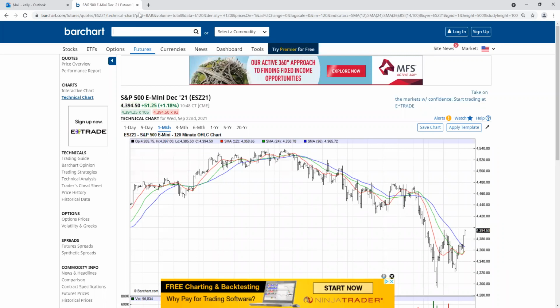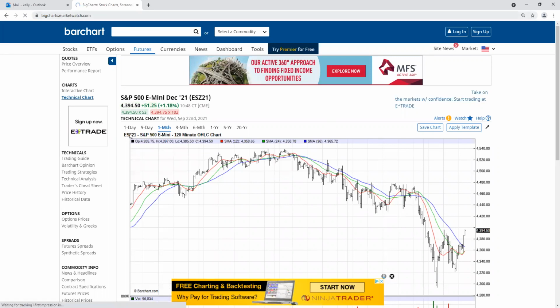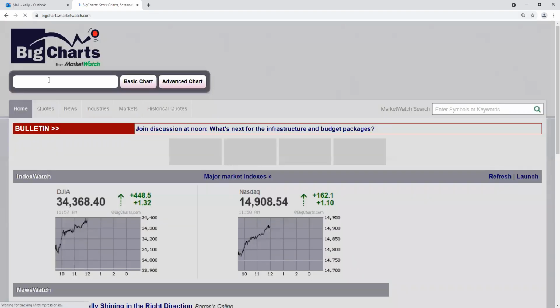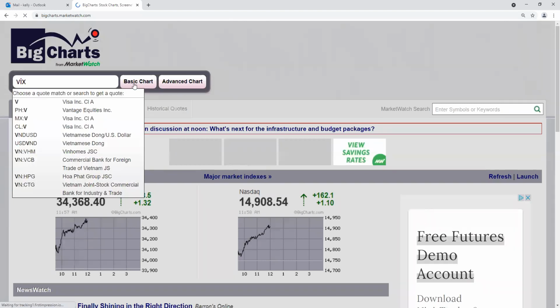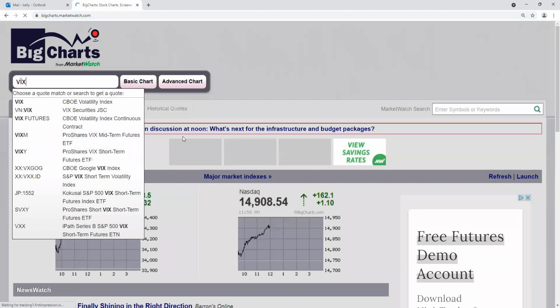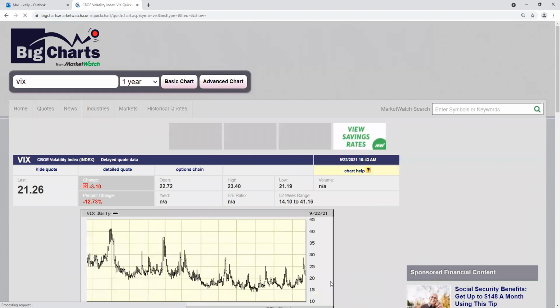Before we leave, let's see what the VIX is doing. The VIX is still at 21. The VIX just came down and filled the gap. The market's having a rebound rally, and still hasn't even gotten into the major resistance. So we'll have to see what happens.